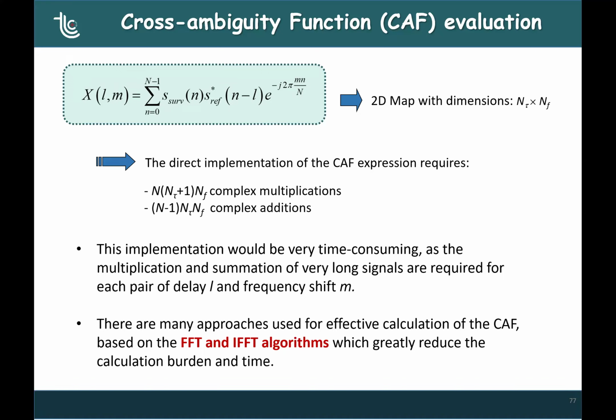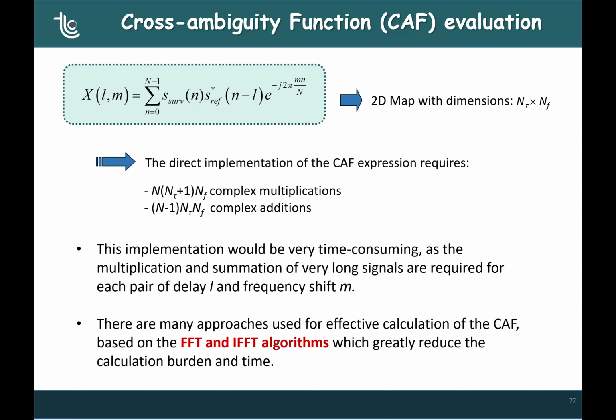Now, the effective and efficient calculation of the ambiguity function is related to the FFT and the inverse FFT algorithm, because these reduce the calculation burden. Why do we want to consider the FFT and the inverse FFT algorithm?